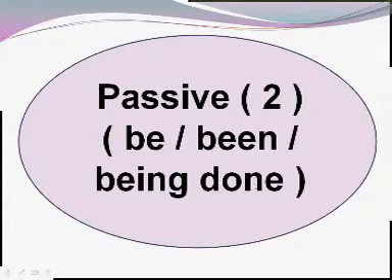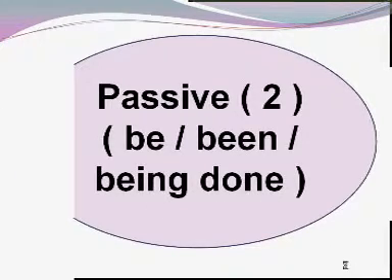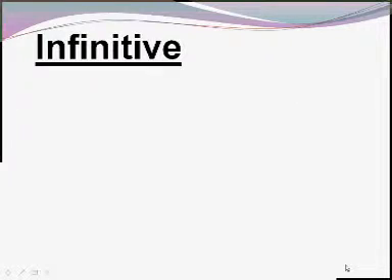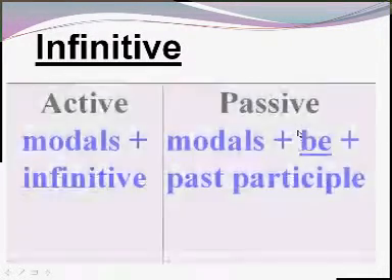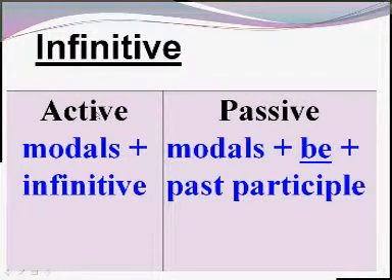Okay, so we have something else related to the passive voice tense, which is the use of be, been, and being done. When we have the infinitive, we have a rule here, which I think is very easy, even easier than the previous ones.